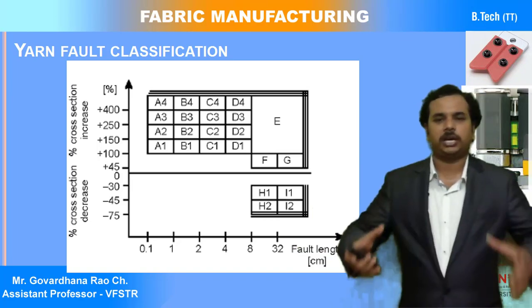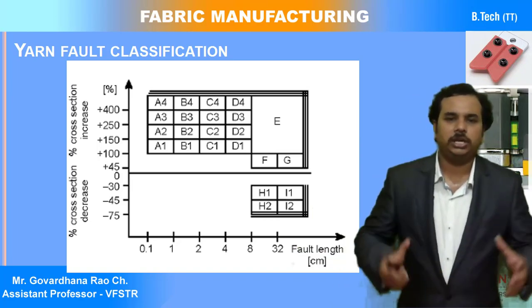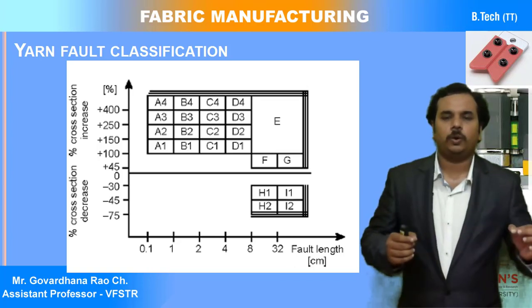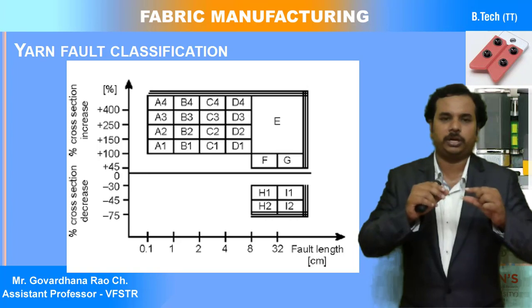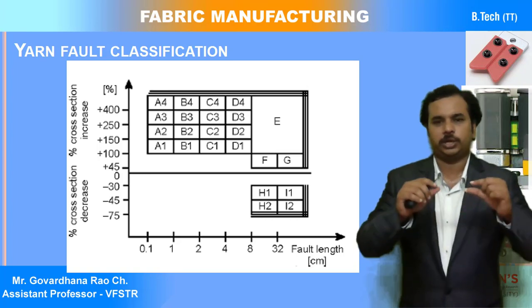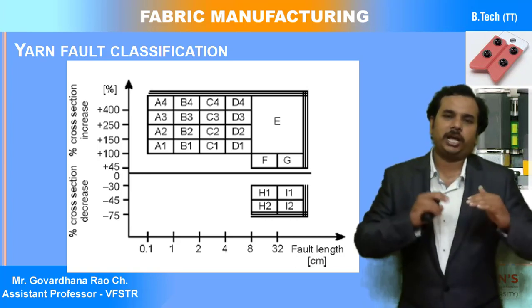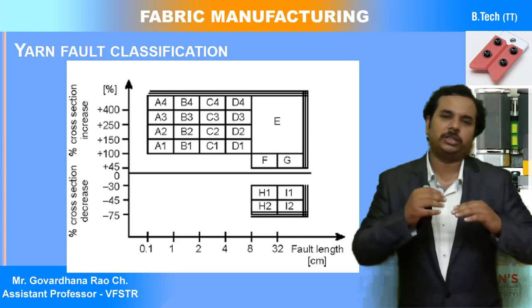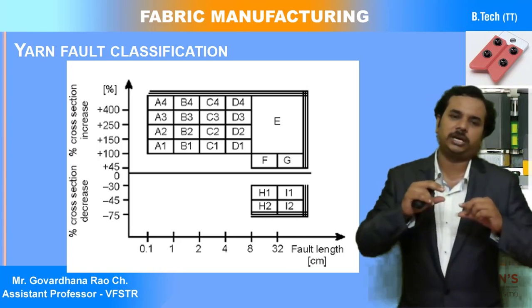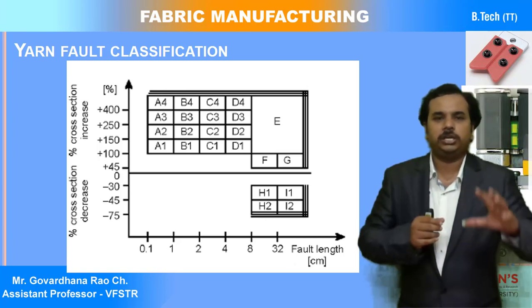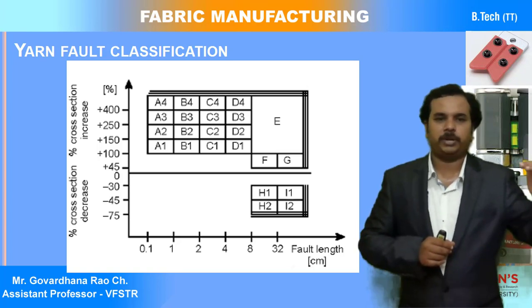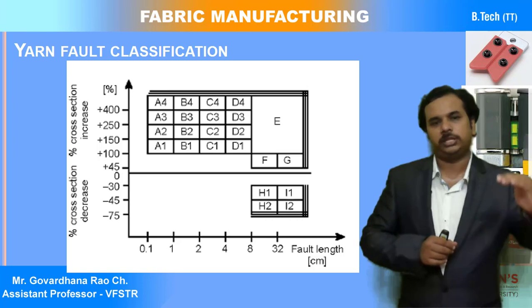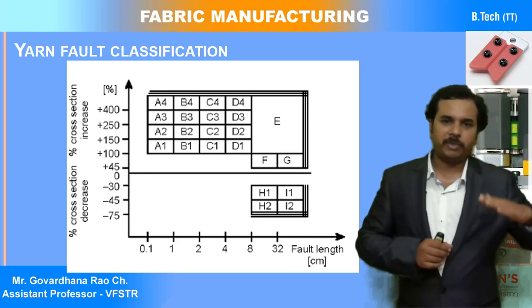So the yarn faults are classified like this. You can see here, the 0 is the line where the yarn diameter is perfect, nothing but the actual yarn diameter that is required. If the yarn is thicker, you can see in the graph plus 45, plus 100, plus 250, plus 400 is the thick side, and minus 30, minus 40 and so on.